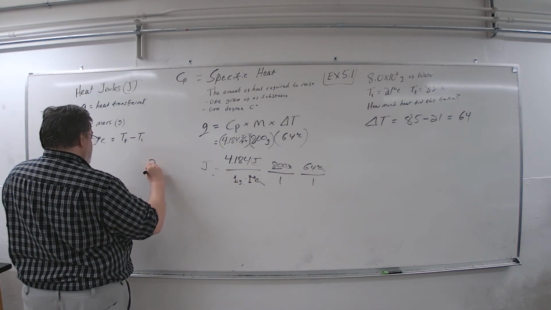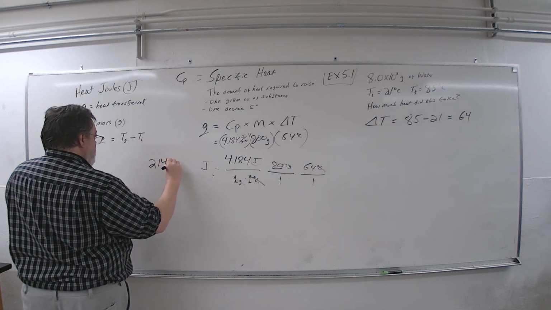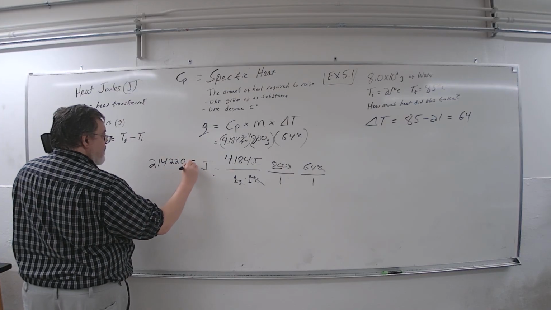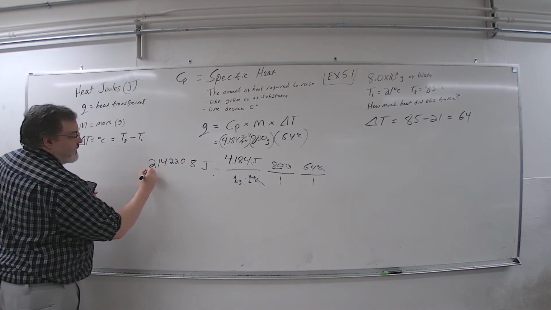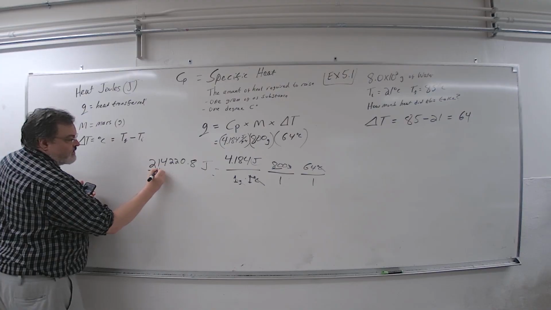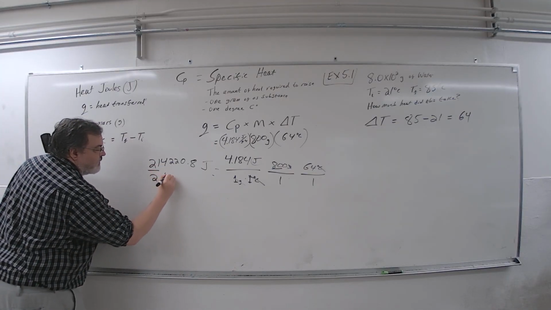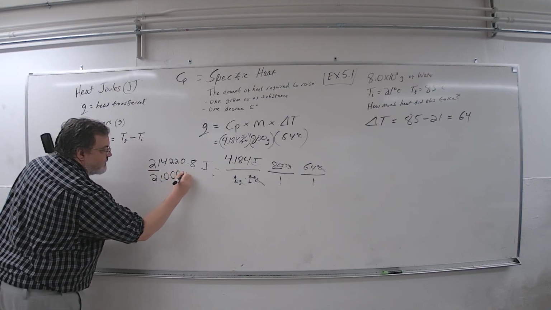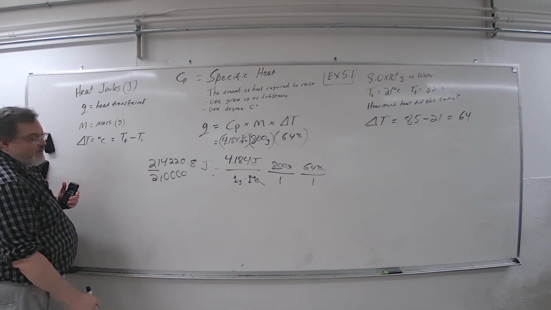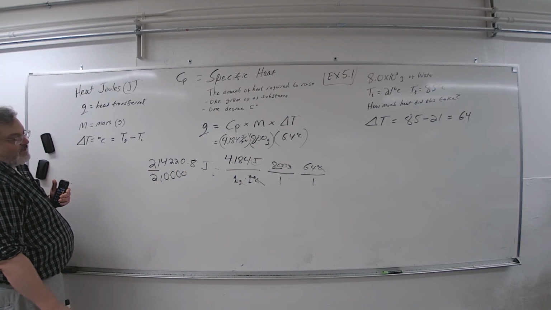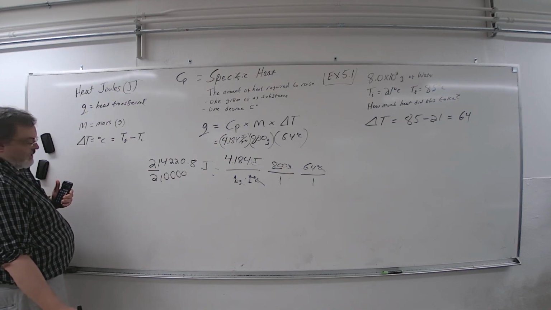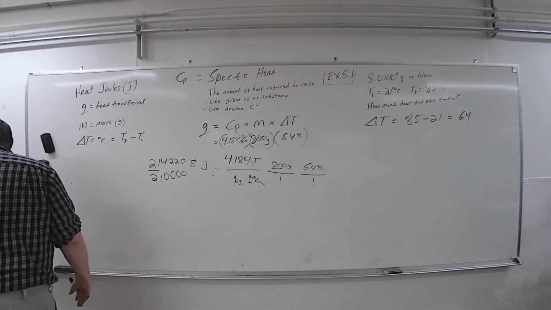My calculator says, but I'm keeping two significant figures. The 4 does not round to 1, so I've really got 2, 1, 0, 0, 0, 0. I'm not doing more than that. This is frequently a good point where you can use kilojoules.